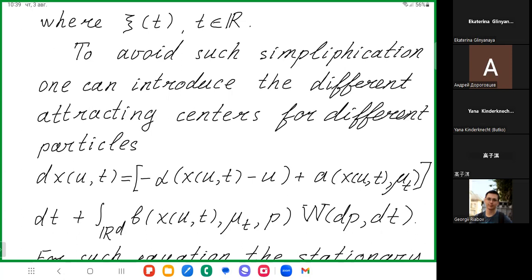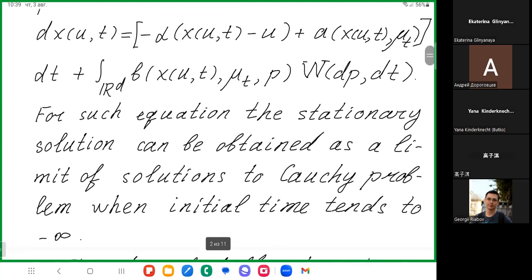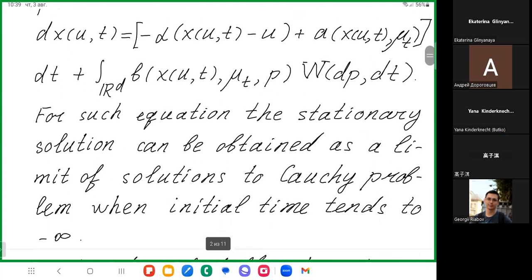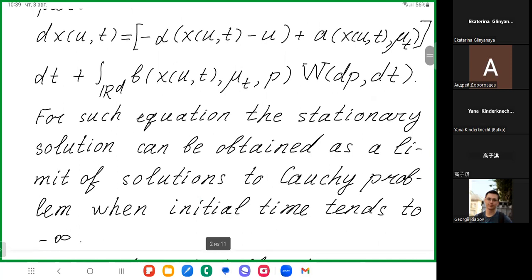But somebody can say that the idea of such attracting centers for different particles seems to be artificial, because before, when we introduced the equation with interaction, we said that these coefficients A and B are responsible for interaction between particles and interaction with the random media.